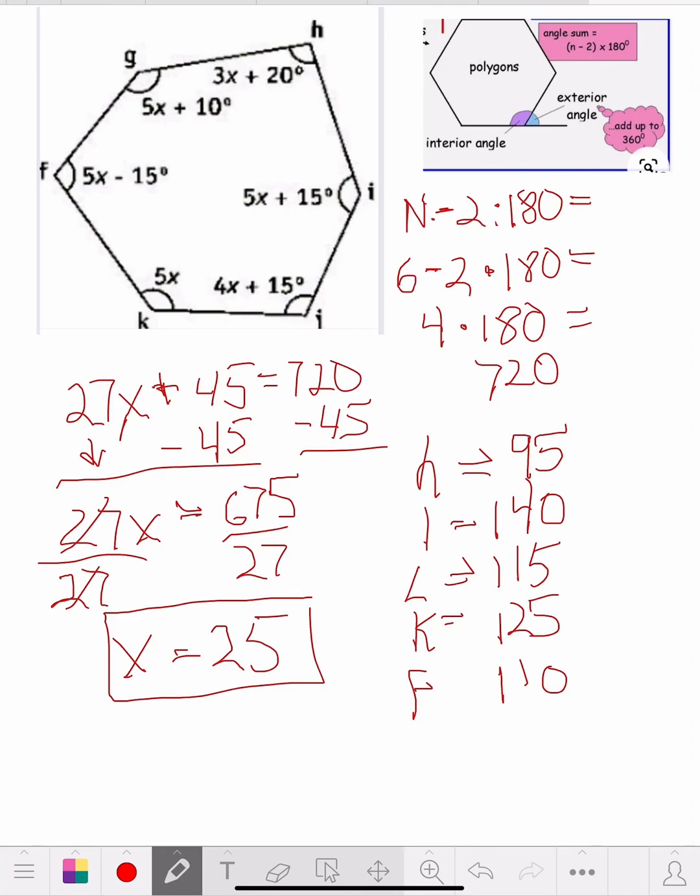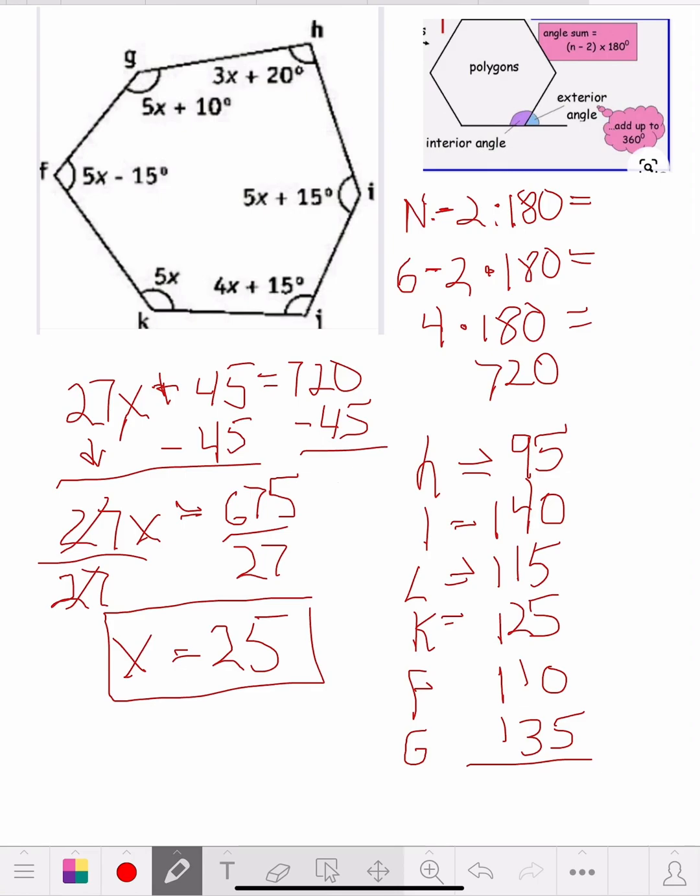Now the next one is G, the last one. 5 times 25 is 125 plus 10 is 135. So let's count how many we did: 1, 2, 3, 4, 5, 6. We got 6 of them. Let's draw a line there. Let's get the old trusty calculator. Clear it.